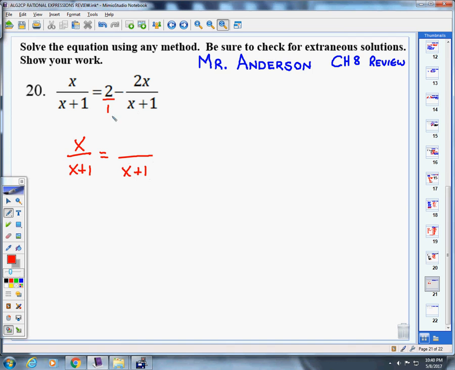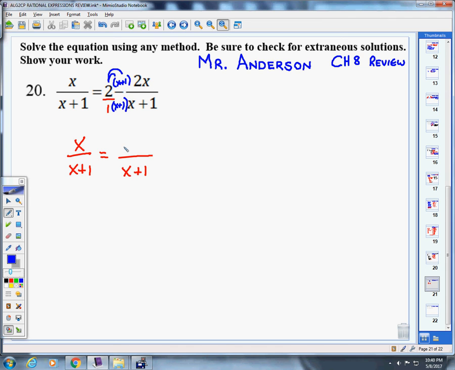So that means that I have to multiply this over here. I'm going to try and squeeze this in. x plus 1 over x plus 1 times 2. All right, so now I have the common denominators. This says x plus 1, this says x plus 1. I'm free to subtract the numerators. All right, so I'll distribute this right here.